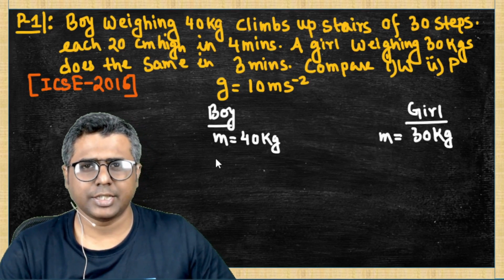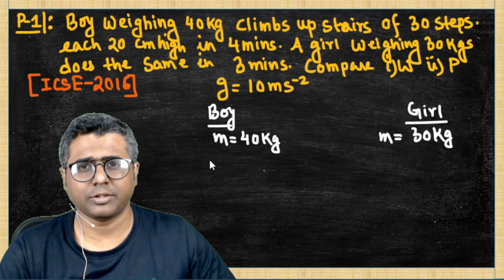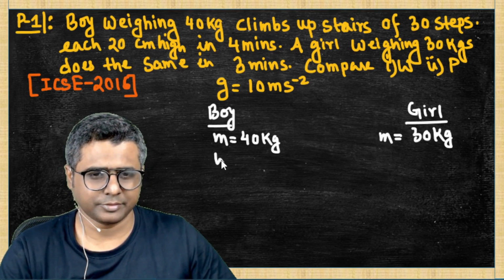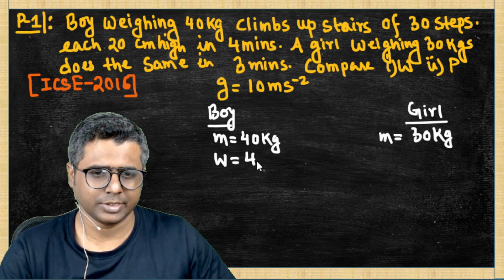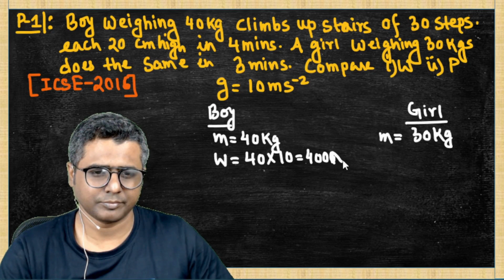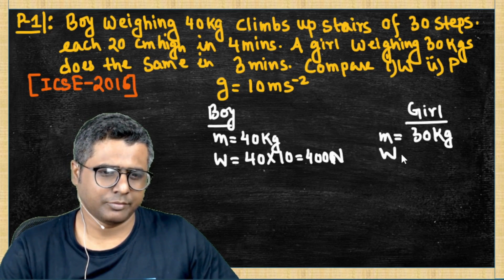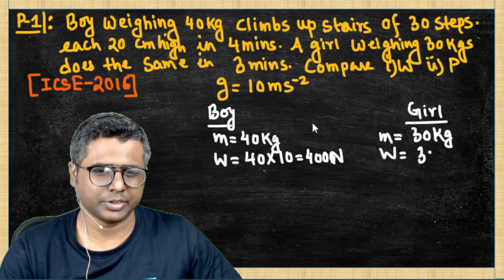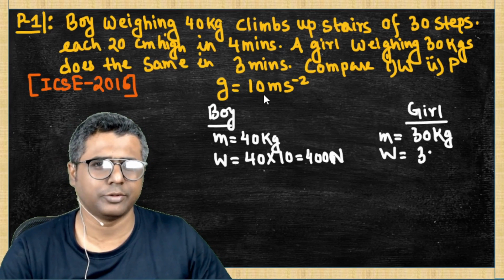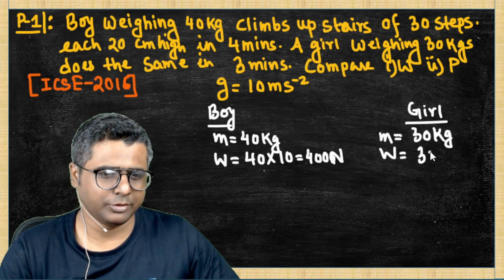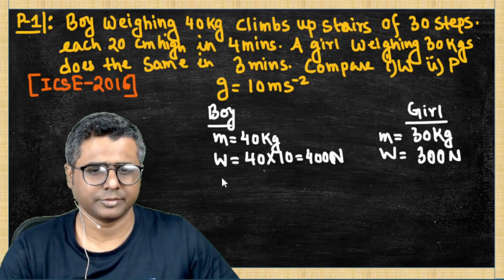So here I can easily calculate the weight of the boy and the girl. So the weight over here is 40 into 10, that is 400 Newton, and here the weight is 30 into 10, because the g is given, weight is equal to mass into acceleration due to gravity. 30 into 10 means 300 Newton.